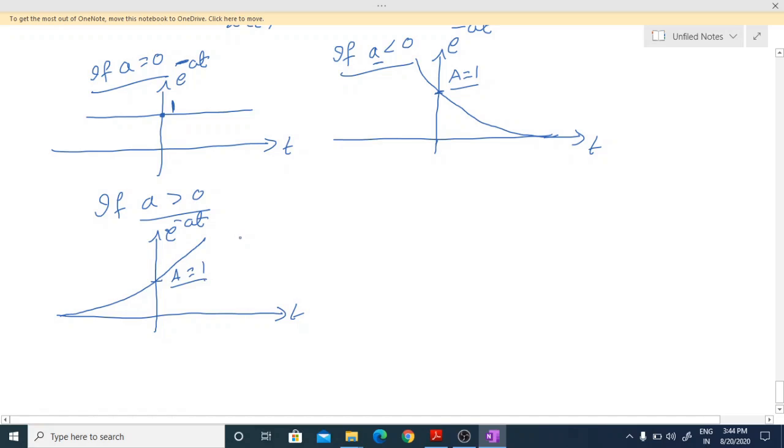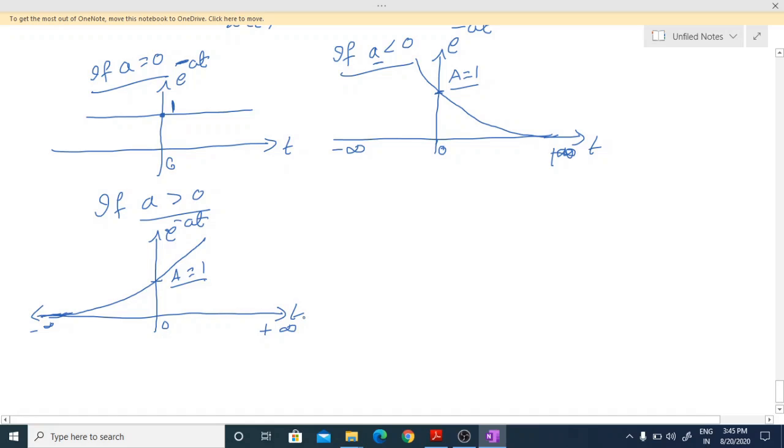So the corresponding signal crosses at the position A. This is the exponentially growing signal. This is the center point 0. These are the time positions, plus infinity to minus infinity.